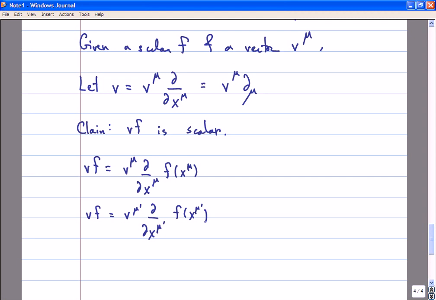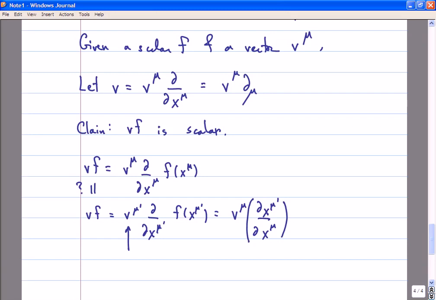In order to understand how that could be equal to the quantity that we've written above, we first use the transformation rule for the vector. So v mu prime is equal to v mu times dx mu prime by dx mu. That is the transformation rule for a vector.